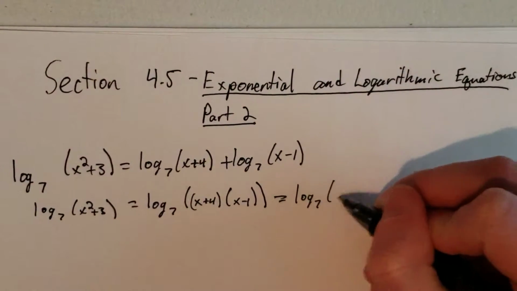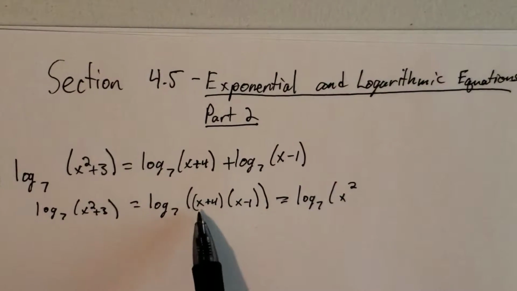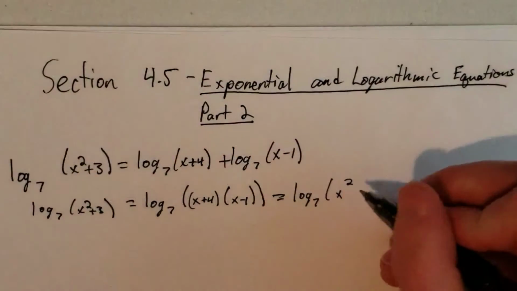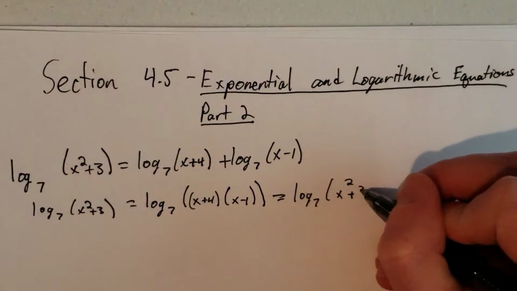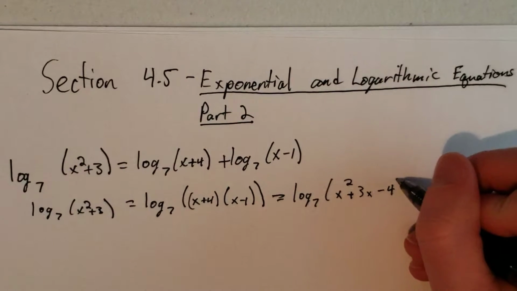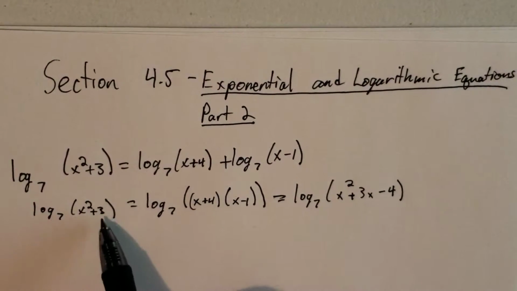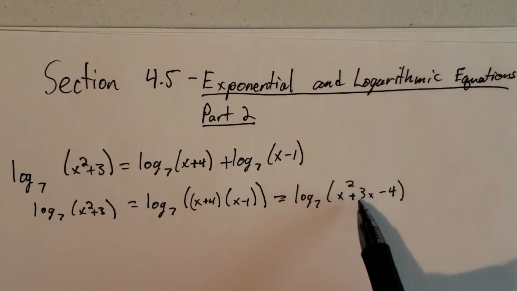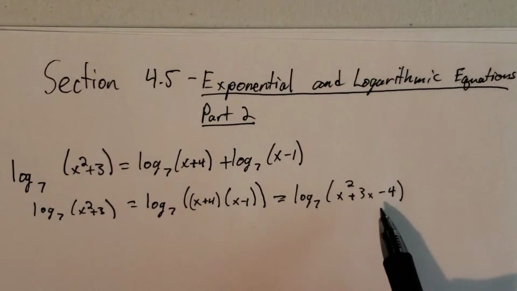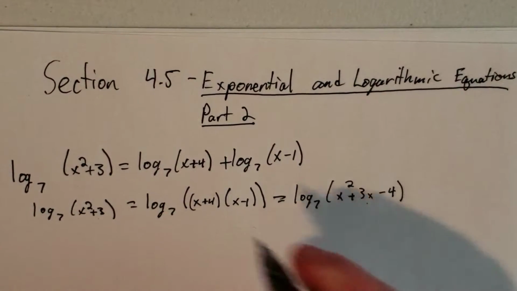We get x times x is x squared, 4 times x is 4x, x times negative 1 is negative 1x, so this is a plus 3x, and then 4 times negative 1 is a minus 4. And here we have log base 7 of x squared plus 3 is equal to log base 7 of x squared plus 3x minus 4. So if these two statements are equal, then the insides must be equal.